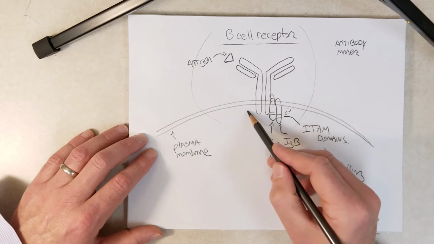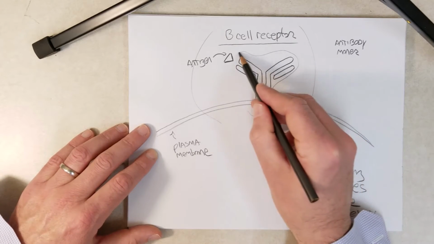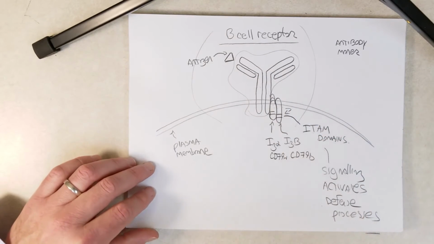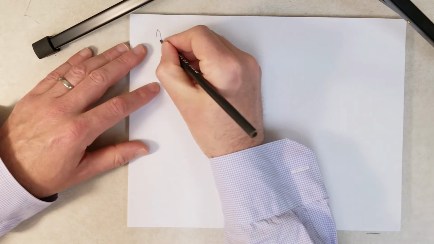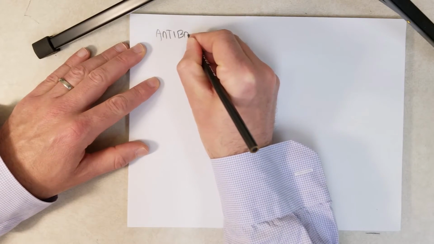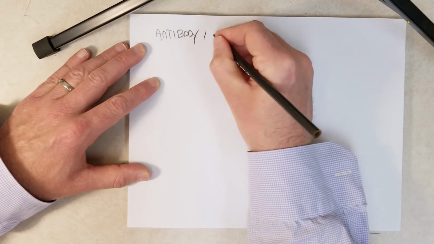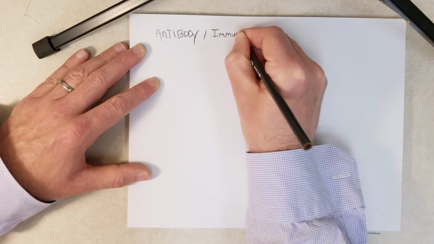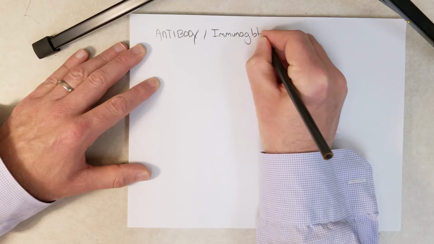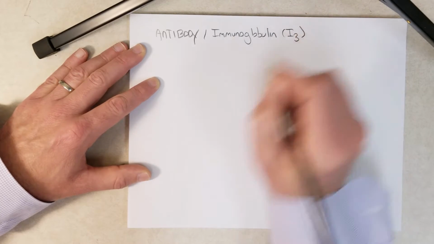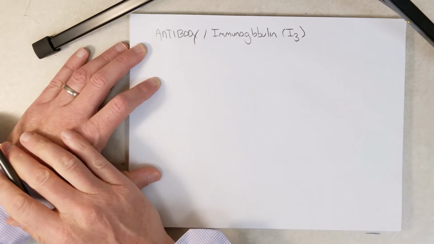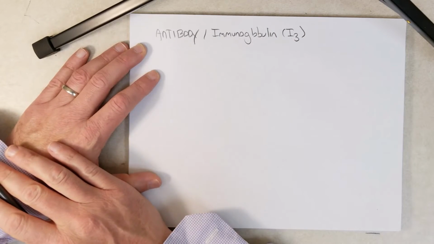And now I want to focus in on the antibody structure. So a fancier name for an antibody is an immunoglobulin, abbreviated Ig. So they're the same thing.